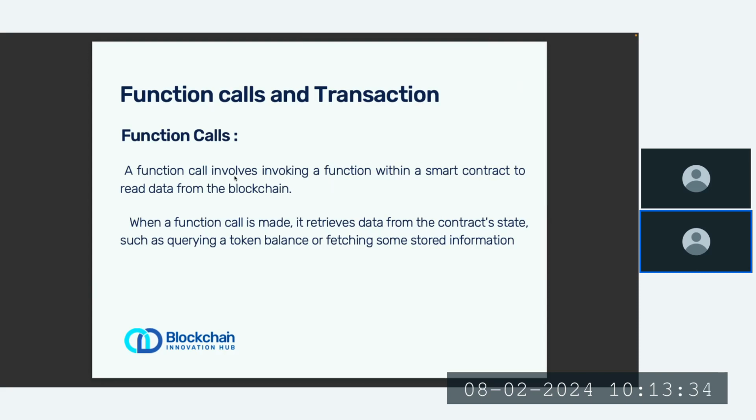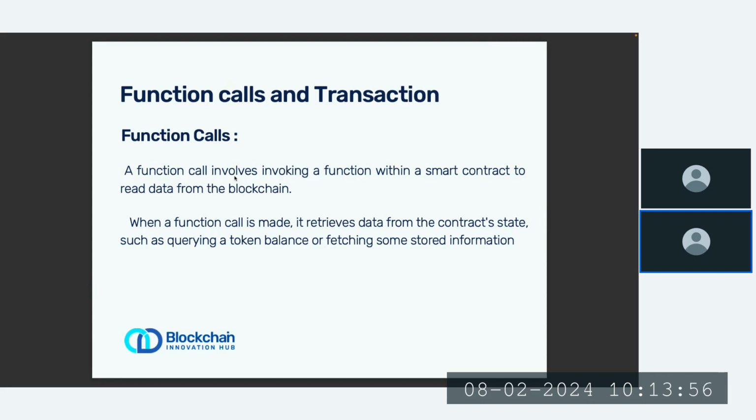Now, in terms of function calls and transactions, what is a function call? A function call involves invoking a function within a smart contract to read data from the blockchain. At this point, we all know how functions work in our smart contract.